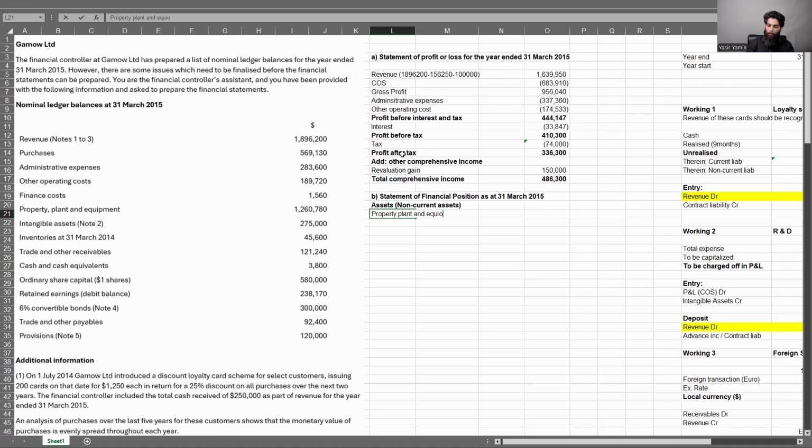And we have two types of non-current asset, guys. One was property, plant, and equipment, if you can see in the trial balance, and the other one is intangible assets. So two things. Right? So property, plant, and equipment. The carrying value already given to us was 1,260,780.